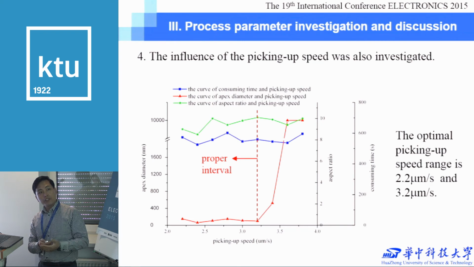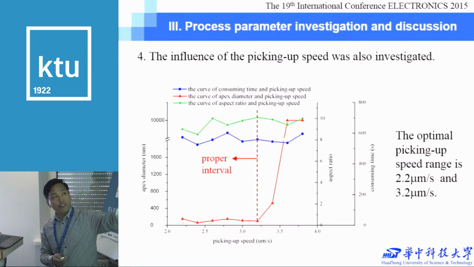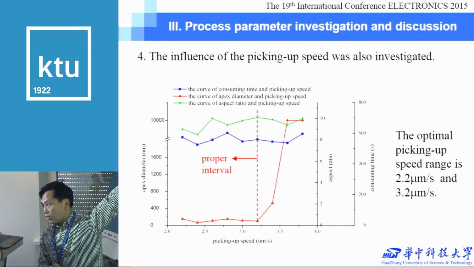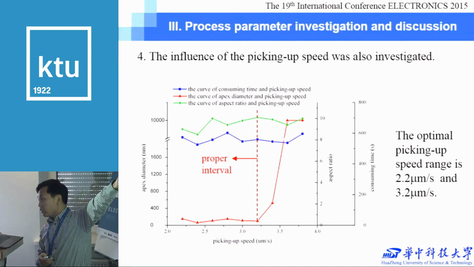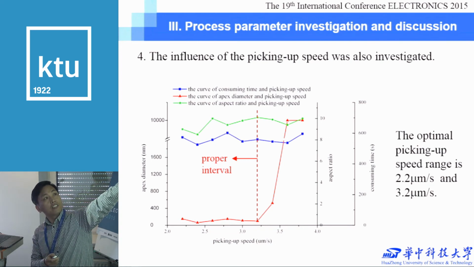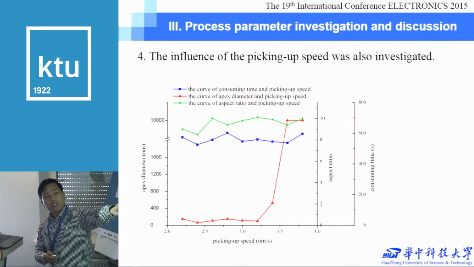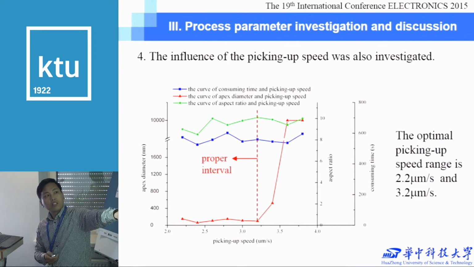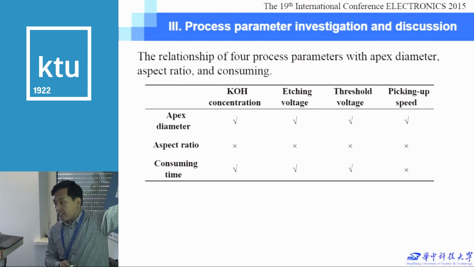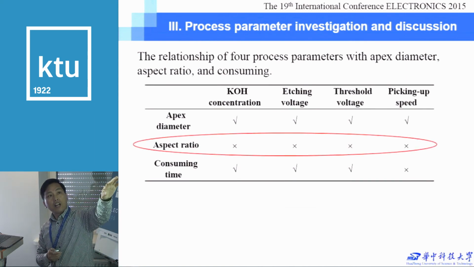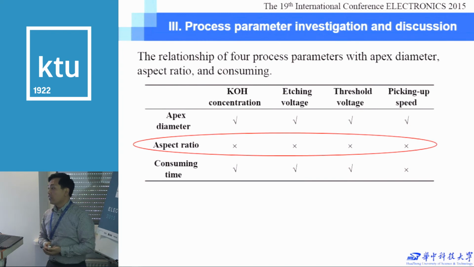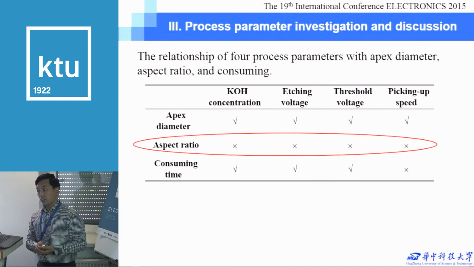And seeing from the 4 scan charts, we found this curve does not change. Do you see this? It means the aspect ratio seems to have nothing to do with the 4 parameters.